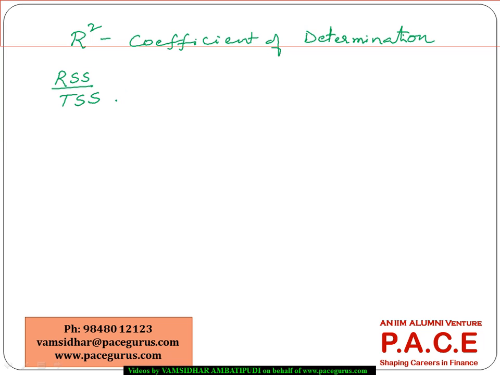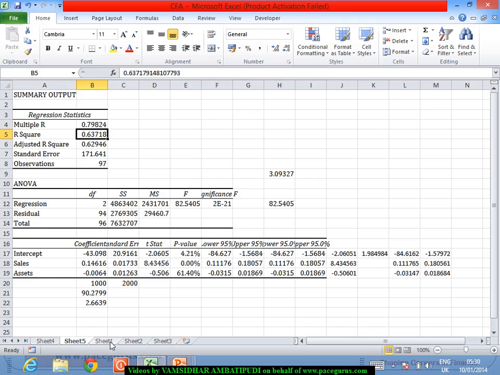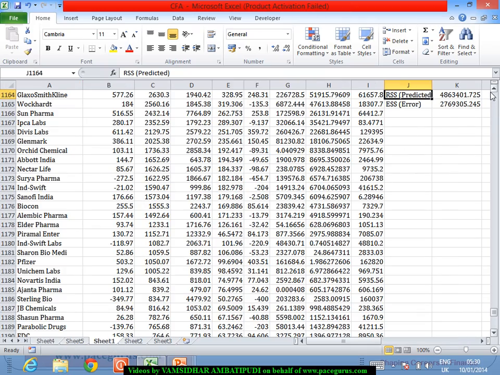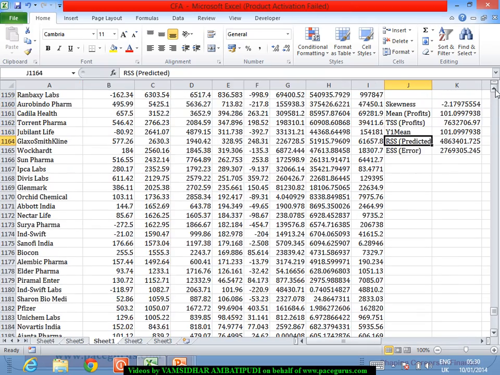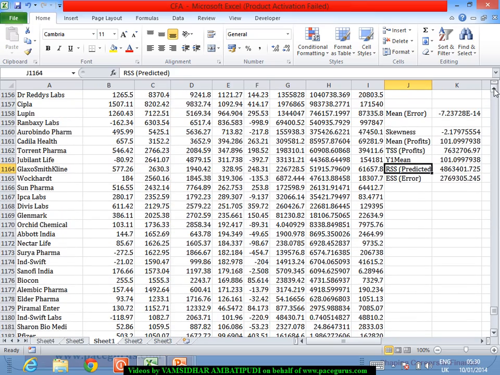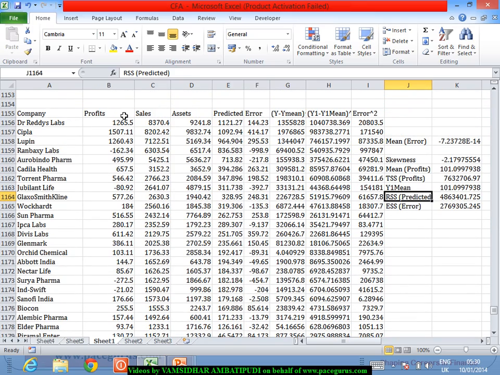Means if the total sum of squares, let's say in this data, is the variation from the mean I have taken for the total data, and at the same time I have taken for the predicted data. It has come out that for the total data the sum of squares is 7.6 million, and out of that 4.86 million is for the predicted.